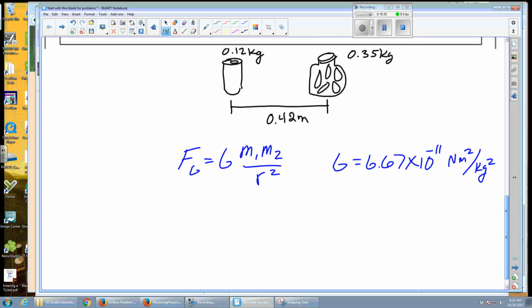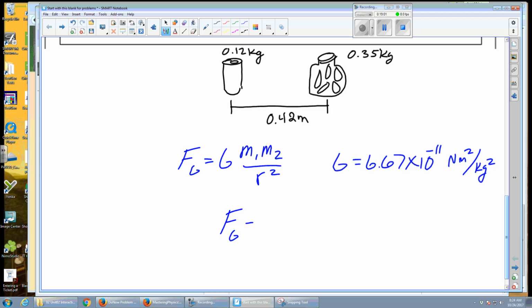And I notice my constant is in newtons, meters, and kilograms. I know I want my answer in newtons, so I need to use my distance between the centers in meters and my masses in kilograms. Otherwise, I've got to do some funky unit conversions. So, hey, look, they're already in those. Nice.